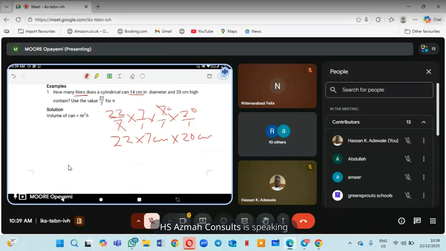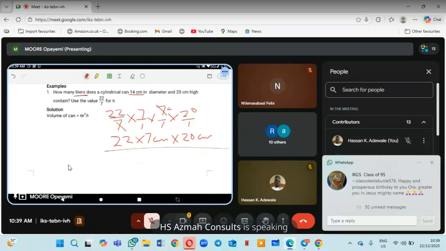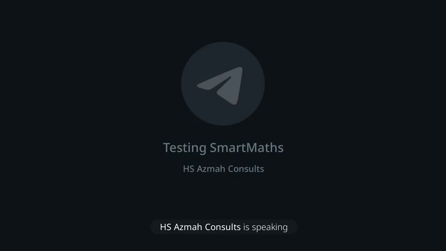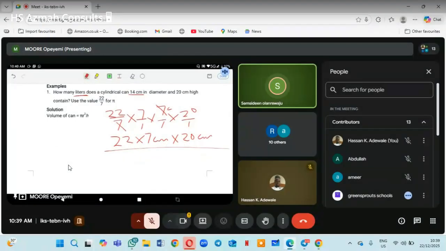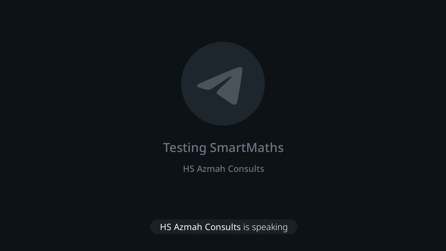So we multiply the whole of this. Yes, 22 times 7 times 20. What do you get? The multiplication of the three numbers. 380 centimeter cube.